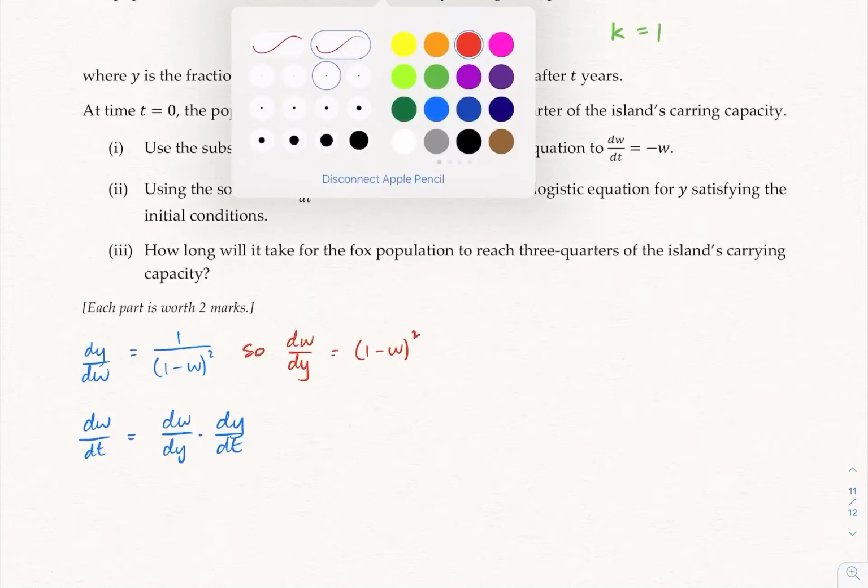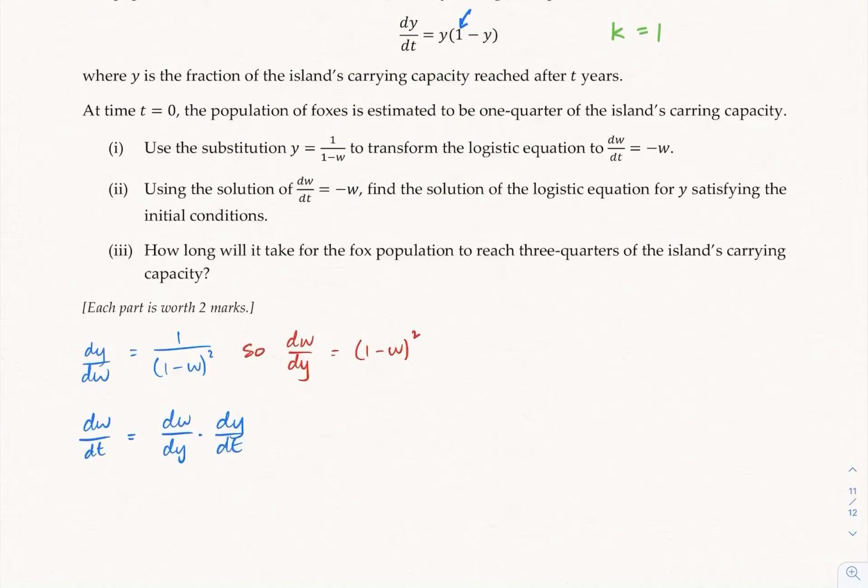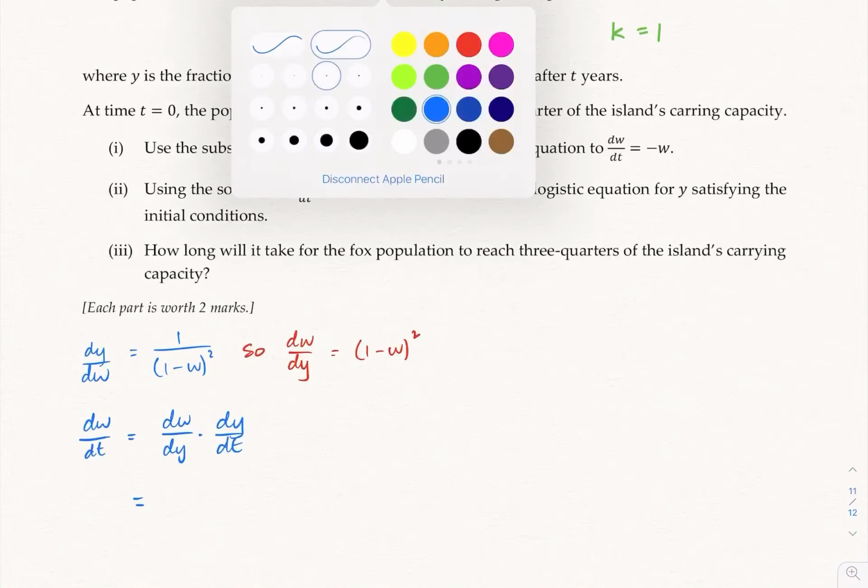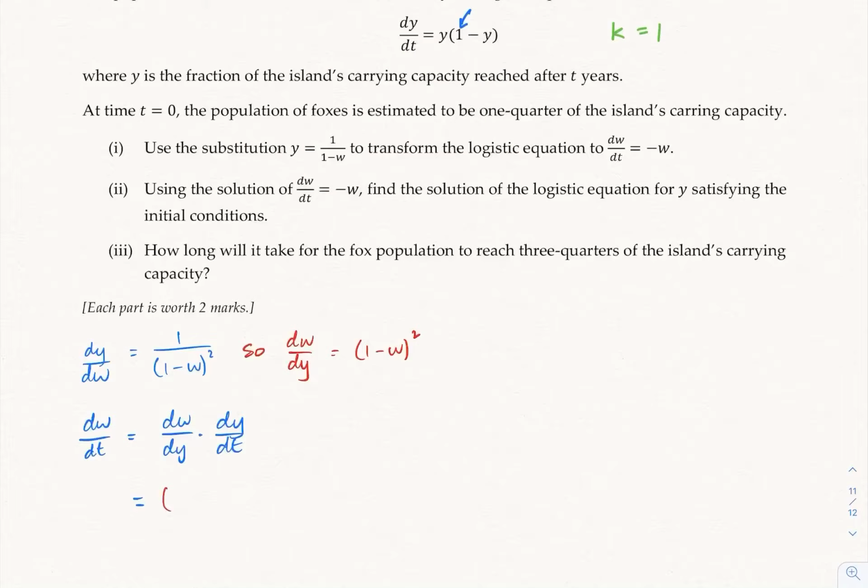So that equals (1 minus w) squared times y(1 minus y). Now, what do we want as an answer here?